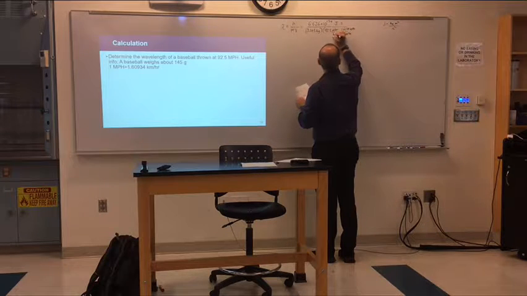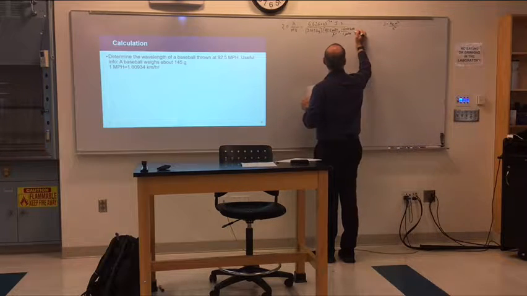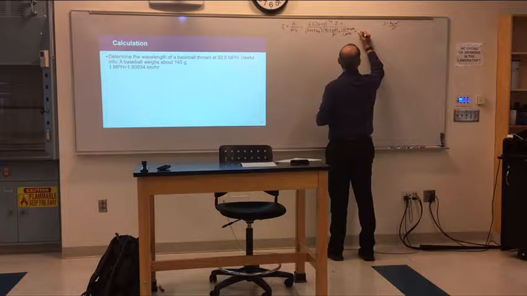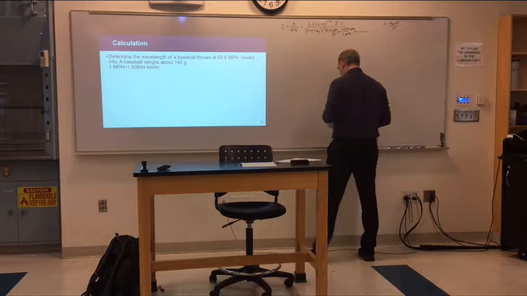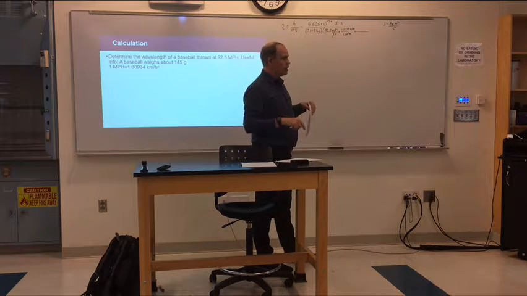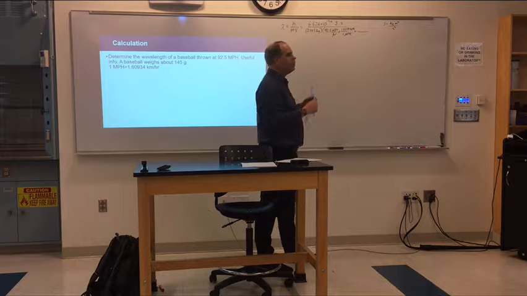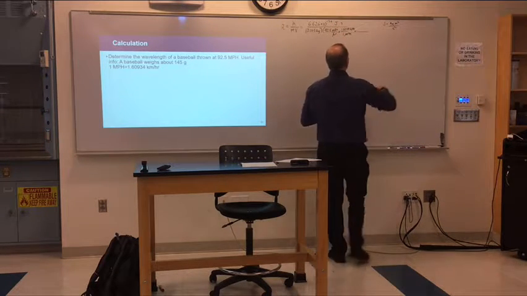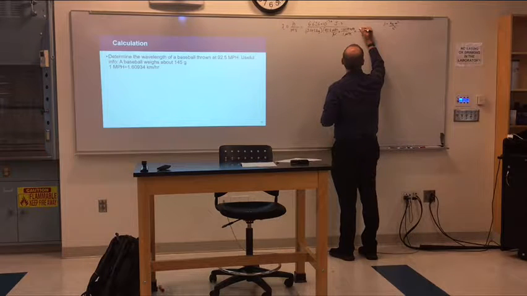That gives us kilometers per hour, but we want meters per second. So let's convert the kilometers into meters. Kilometers is on top, hours is on bottom, so it's 1,000 meters per 1 kilometer. The kilometers cancel out, and I have meters on top and hours on the bottom.